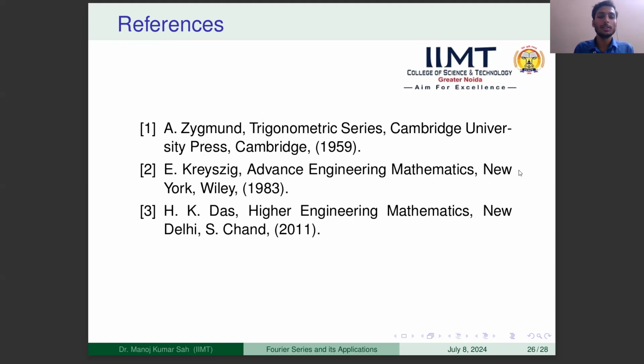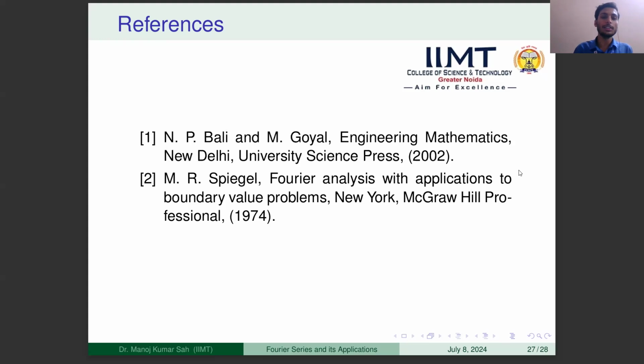Third one is Higher Engineering Mathematics, authored by H.K. Das. Fourth is Engineering Mathematics, written by N.P. Bali and M. Goyal. And the fifth is Fourier Analysis with Application to Boundary Value Problems, written by M.R. Spiegel.